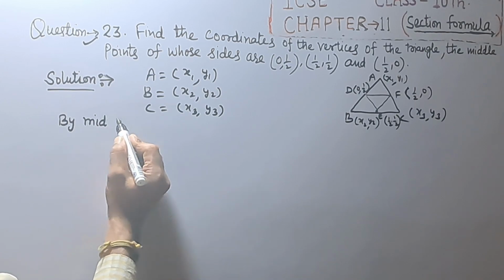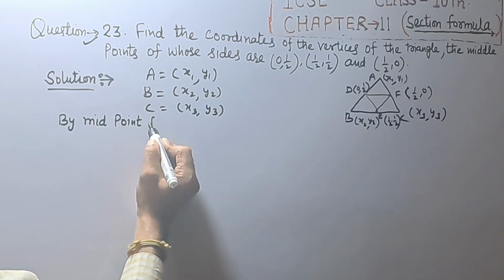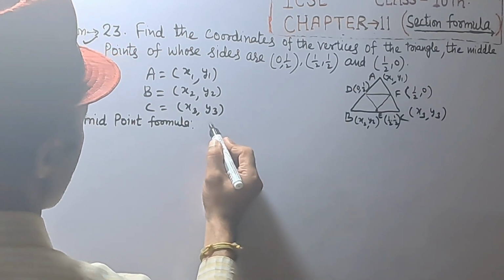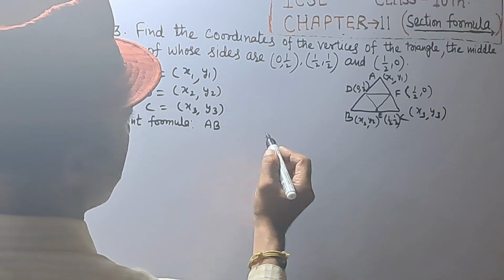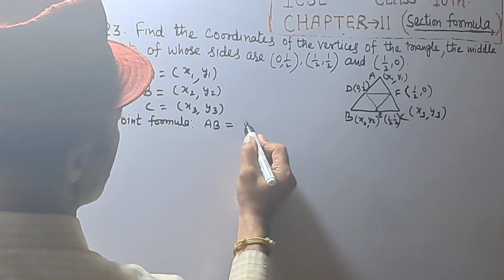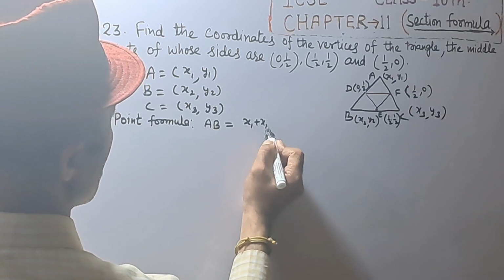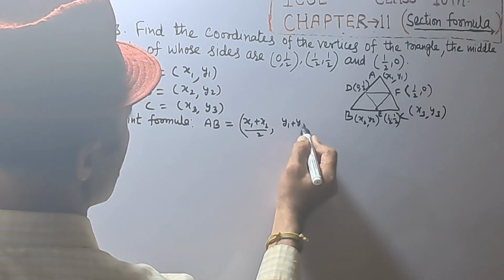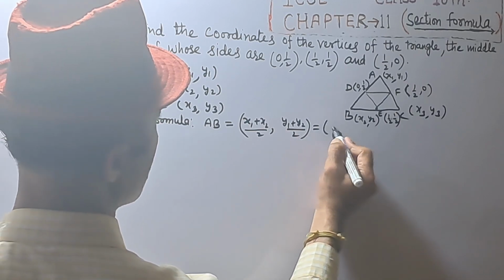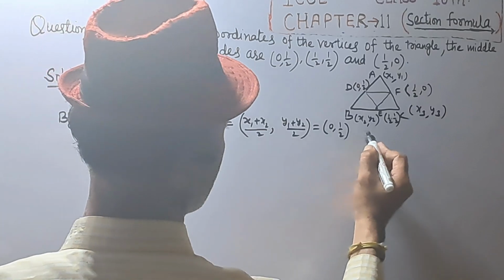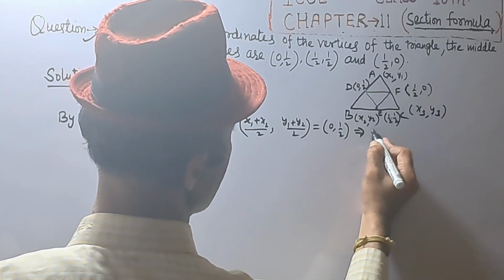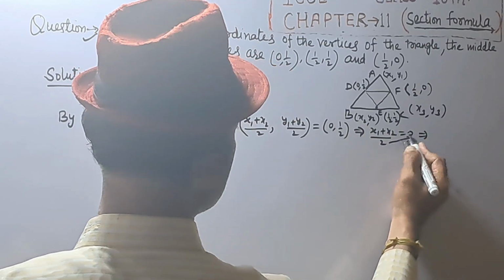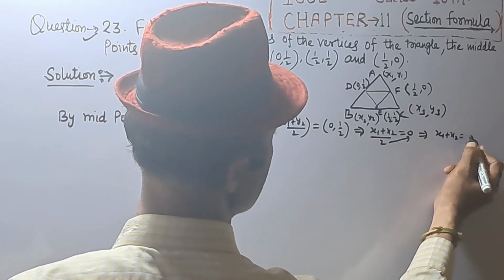By midpoint formula, AB is equal to ((x1 plus x2) upon 2, (y1 plus y2) upon 2), that is equal to (0, 1/2), which implies (x1 plus x2) upon 2 is equal to 0, so x1 plus x2 is equal to 0.